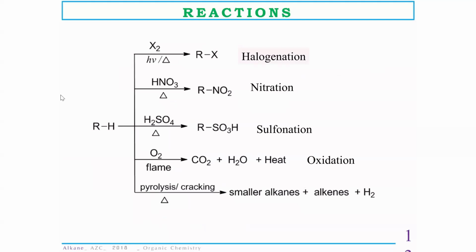We also have nitration, addition of nitrogen oxides. We also have sulfonation, that is addition of sulfuric acid. Then we have oxidation. Then we also have pyrolysis or cracking, as a breaking down of large alkane members into smaller ones.